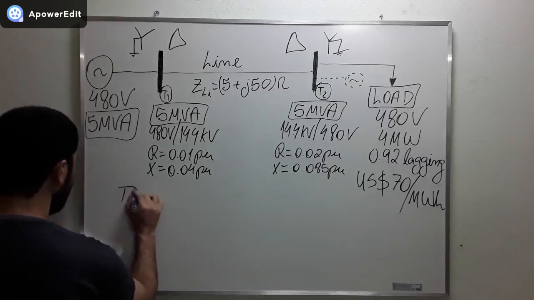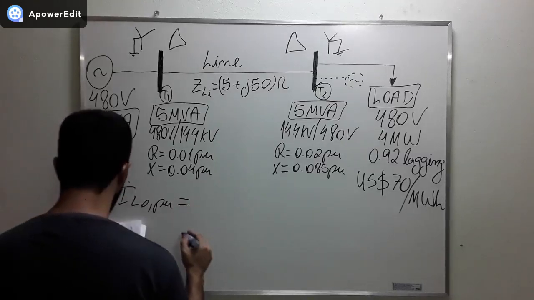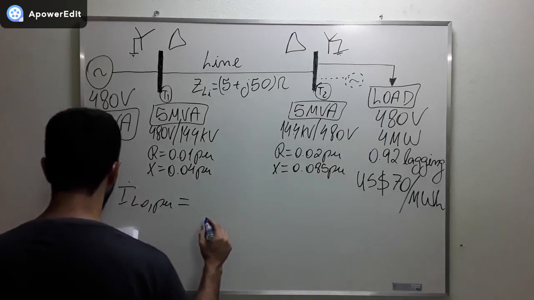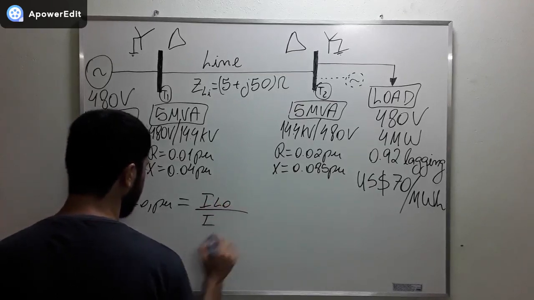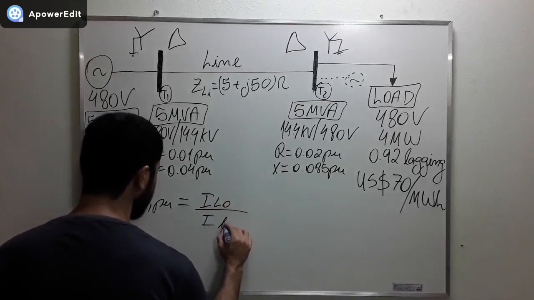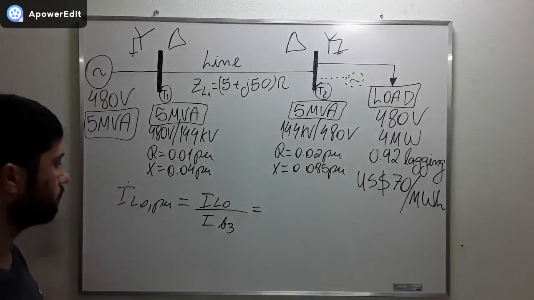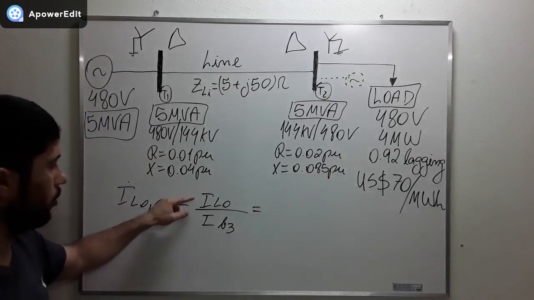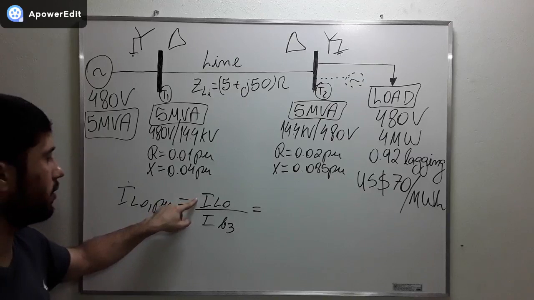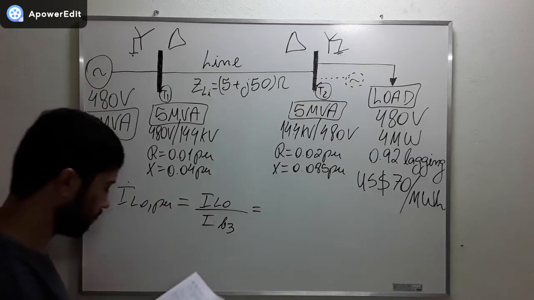So in per unit, the current of the load is going to be the current that we just found divided by the base value for region 3. That's why we need base values. When we divide the actual current by the base value, we have the per unit current.